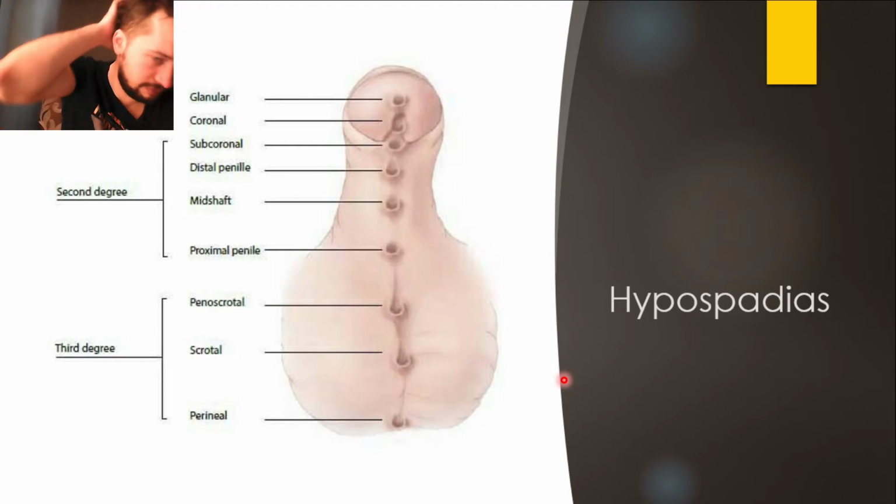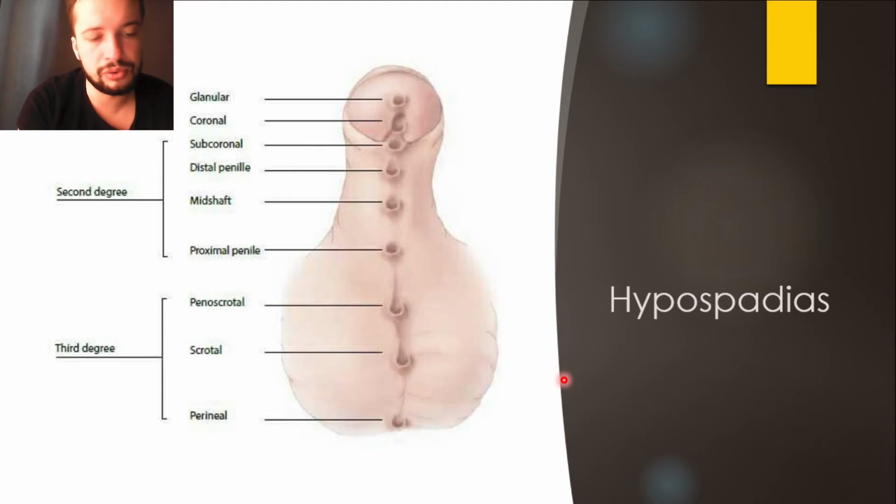Hypospadias, by definition, implies that the urethral meatus is placed ventrally short of its normal terminal location. It can be located anywhere from the undersurface of the glans to the perineum: distal or anterior, glandular, subcoronal, distal penile; middle, midshaft; proximal or posterior, penoscrotal, scrotal, and perineal.